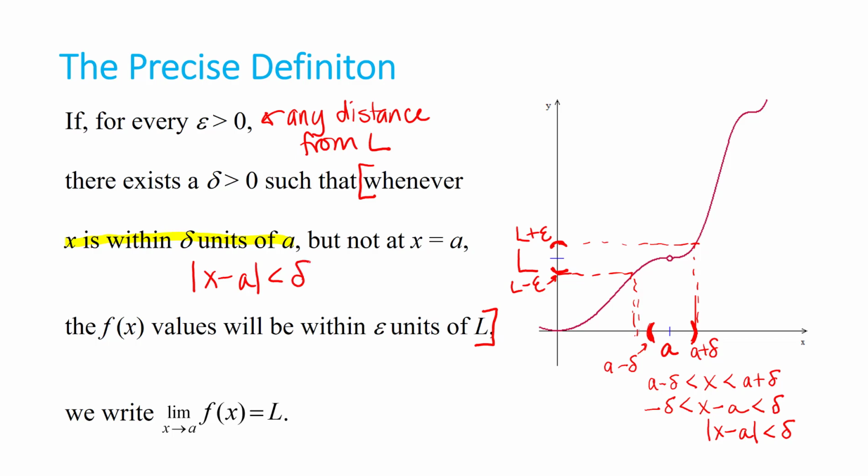That's what this part of the inequality means. But if I want to say that x is not actually equal to a, I can also add to that inequality and say that that distance between x and a has to be greater than 0. So that allows us to basically say x minus a cannot equal 0, or x cannot be at x equals a.